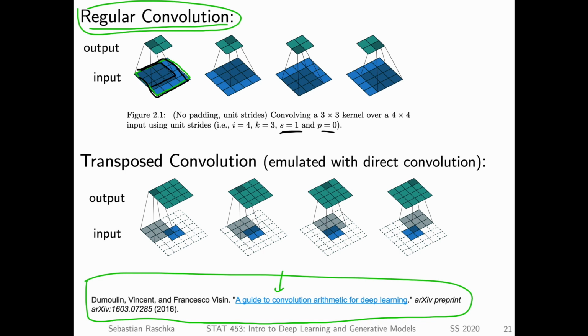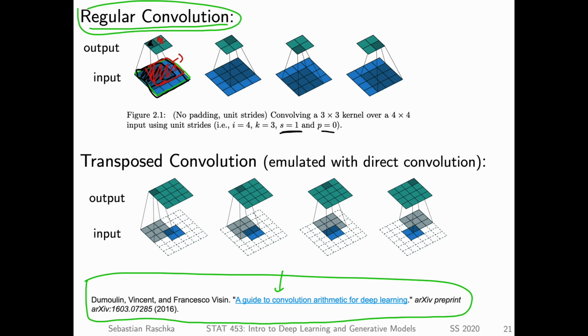When you remember, it would first compute this output, and then it would slide over by 1 position, and compute this part, and so forth. And then it would not slide further because it reaches the edge.